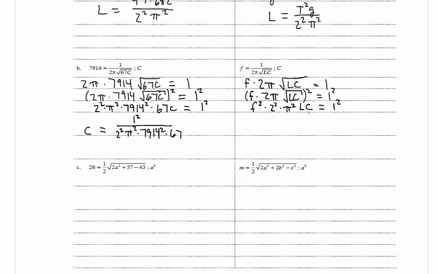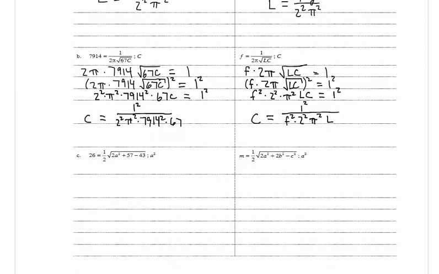And now we're solving for c, so we're going to divide by f squared times 2 squared times pi squared times L. So we have c is equal to 1 squared divided by f squared times 2 squared times pi squared times L.